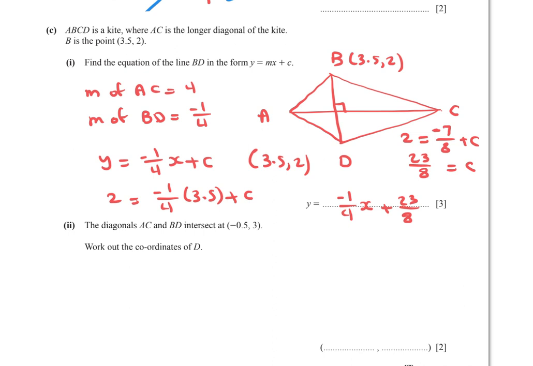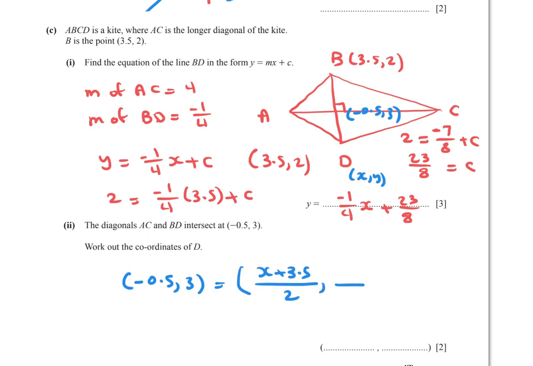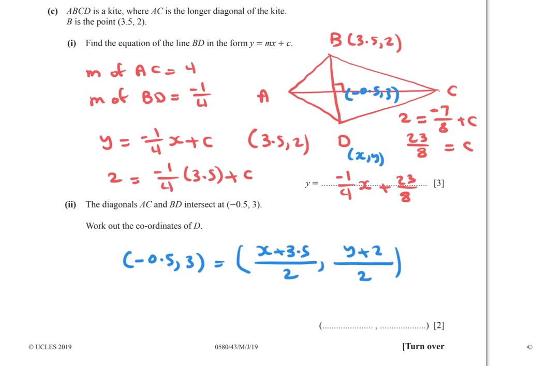So we can consider that D equals x and y, and the midpoint is negative 0.5 and 3. So negative 0.5 and 3 equals x plus 3.5 divided by 2 and y plus 2 divided by 2.